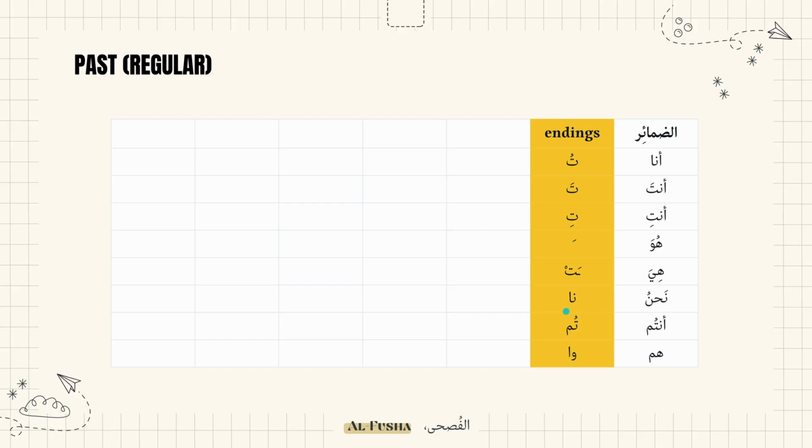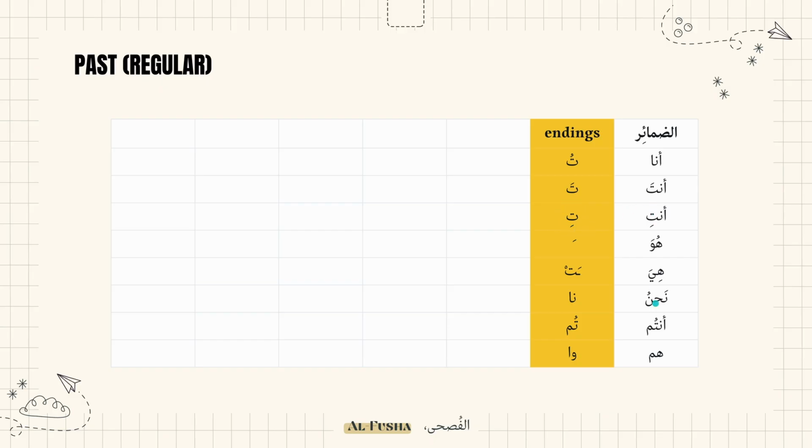نحن takes na, so نحن شربنا. أنتم takes tum in the end, which makes it شربتم. As you see, أنتم ends with tum, which comes as the ending for the verb. أنت ends with ta, and أنتِ ends with ti, as the ending for that pronoun.